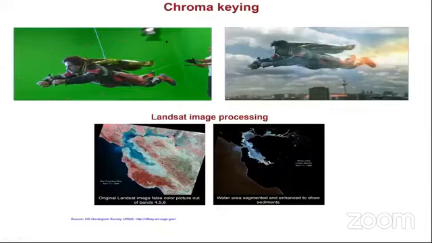So this is the image. Here you can see a green background, and the person is in here. The person is called the foreground, and the green part is called the background. Chroma keying is one application of it.